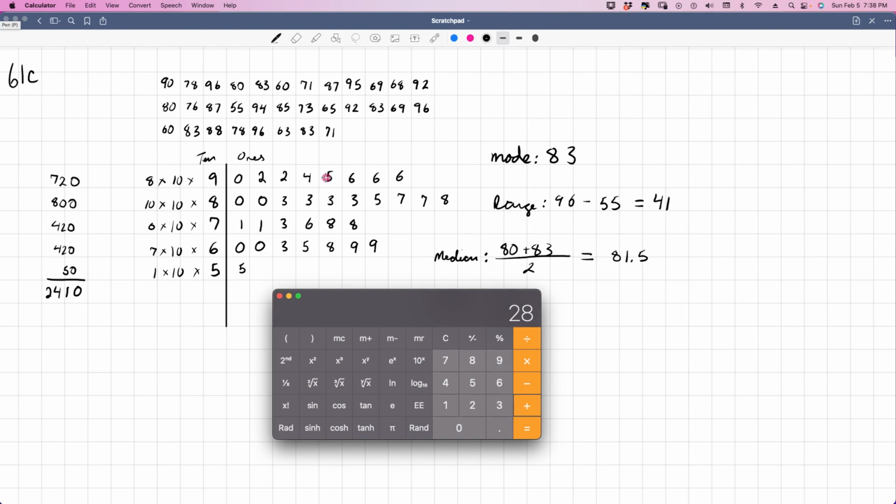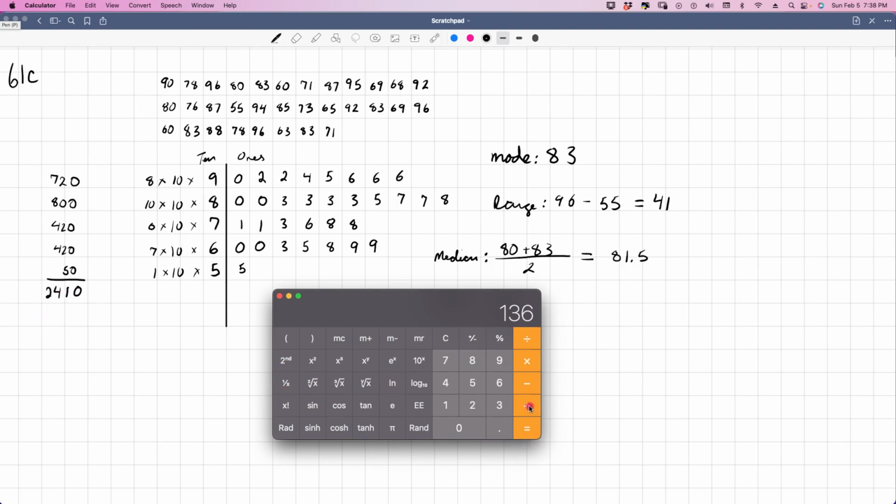Plus we have 1, 2, 3, 4 5s. That's 20. Plus 1, 2, 3, 4 6s. That's 24. Plus 1, 2 7s. That's 14. Plus 1, 2, 3, 4 8s. That is 32. Plus 2 9s. That's 18. All right, we add that to our original tens column.